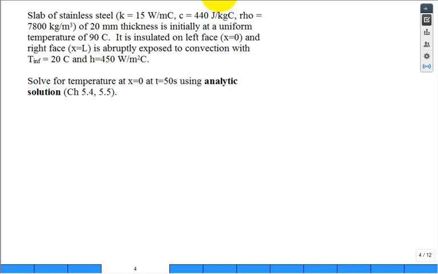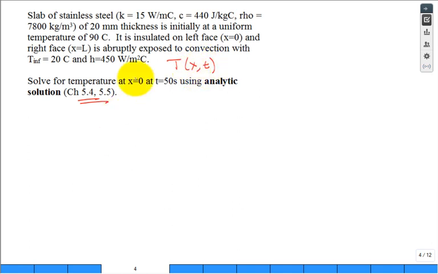That was in chapter 5.1 and 5.2. We learned the lumped capacitance method. Then we went to 5.4 and 5.5, and we learned about an analytic technique that had a series solution. So we could get it very accurately. So we could solve for the temperature as a function of both location and time in this slab.